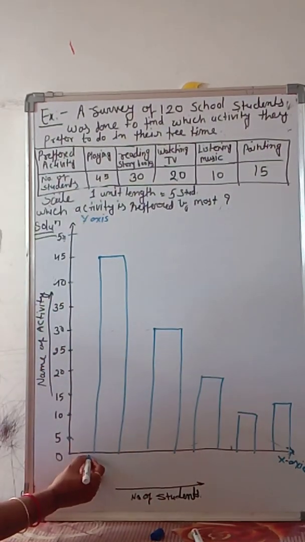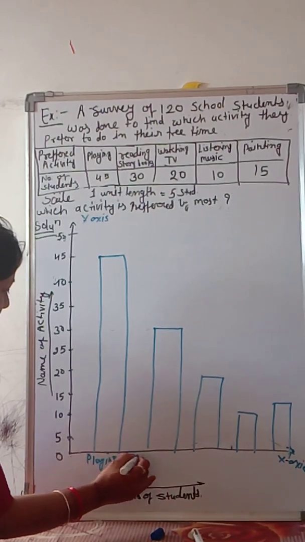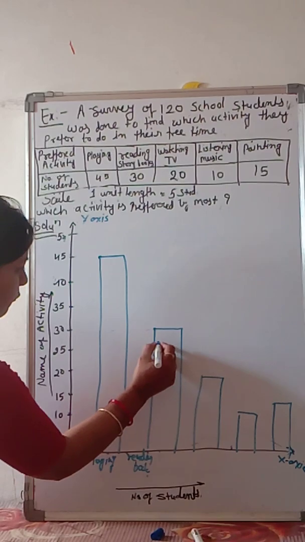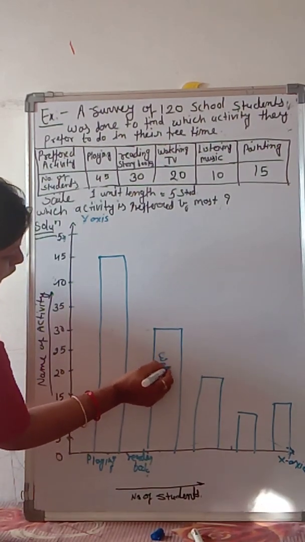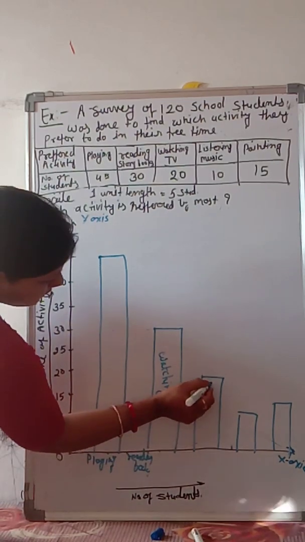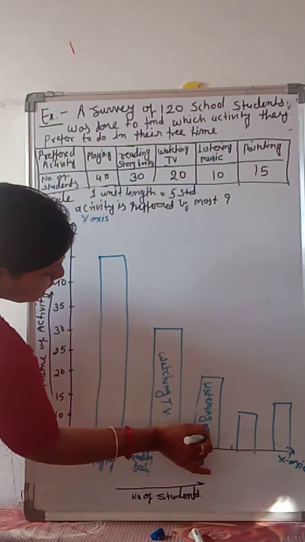And write down here: this is playing, this is reading storybooks, this is watching TV, and this is listening to music.